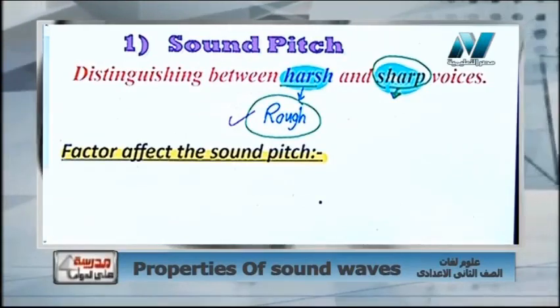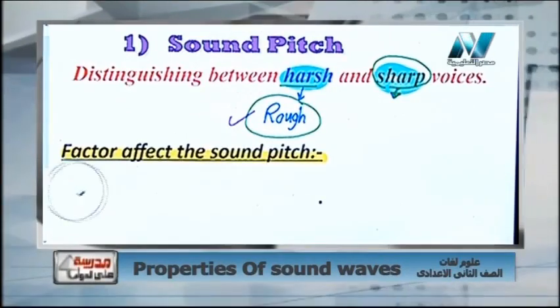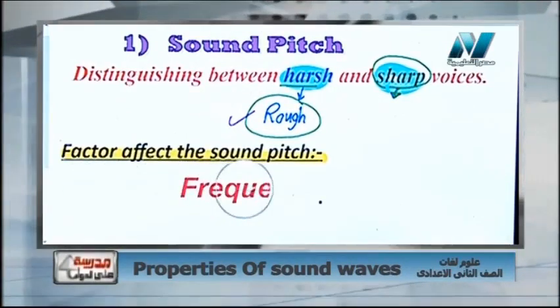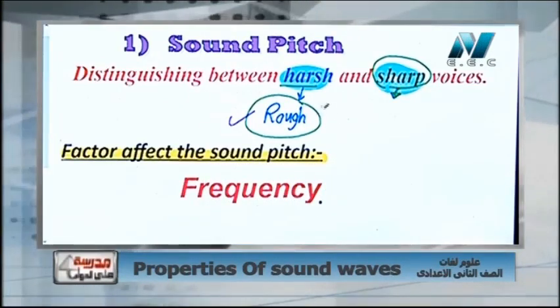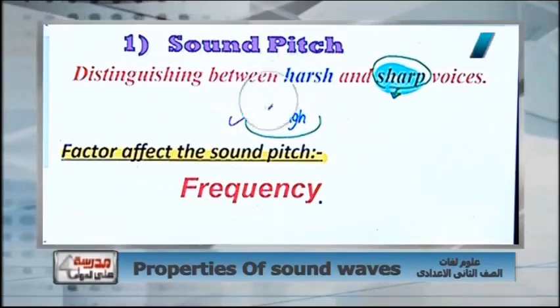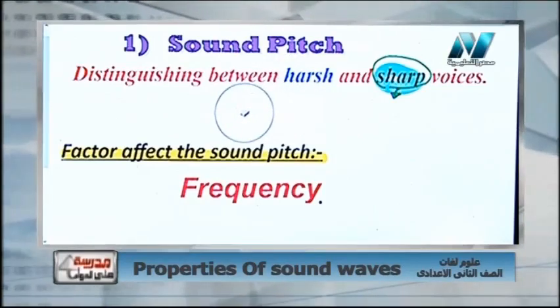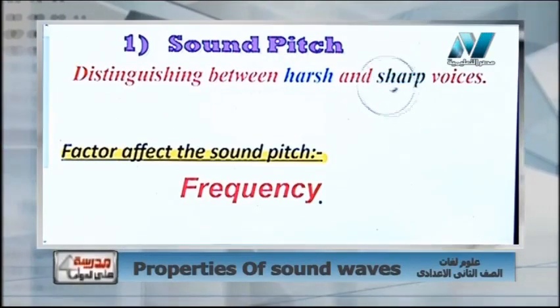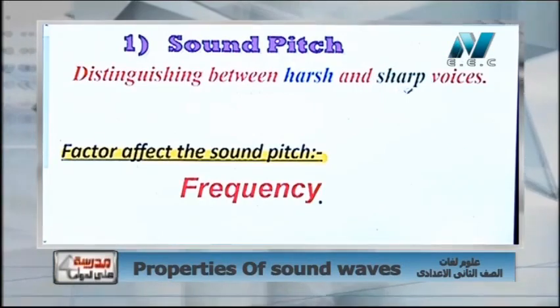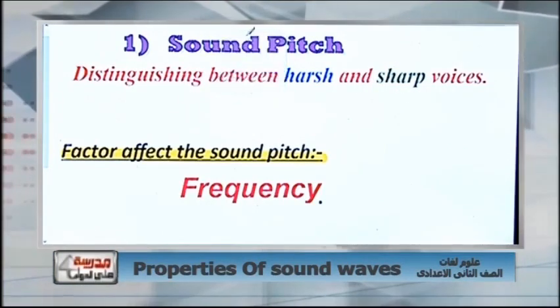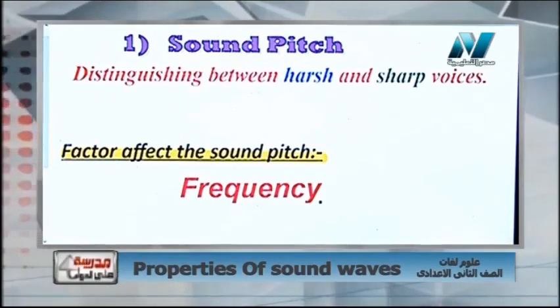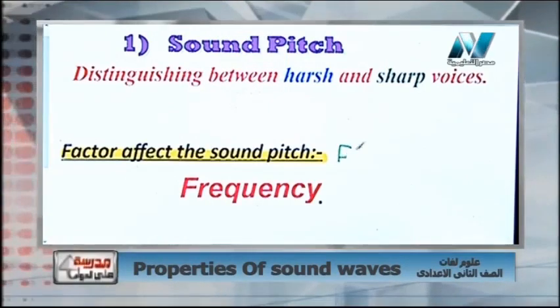We have only one factor, and it is called frequency. The sound is harsh or rough according to its frequency, and the sound is sharp according to its frequency. So F is the only factor affecting the sound pitch, the frequency.